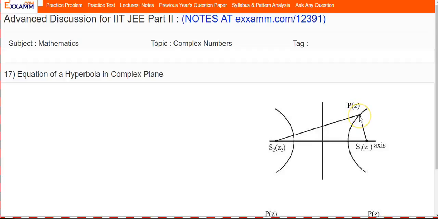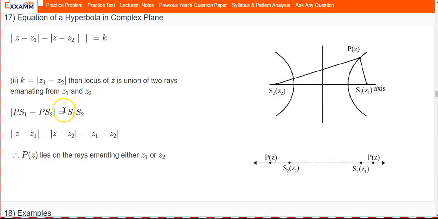So the distance to S is modulus of z minus z2, and this is modulus of z minus z1. So the difference of these two distances has to be constant.